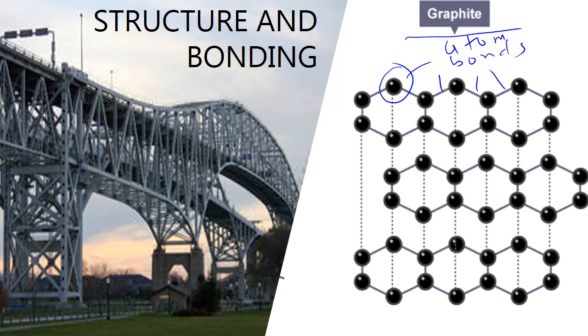So, these atoms in graphite are bonded together and they form a regular pattern, as you can see here. They have a regular hexagonal pattern. We are going to go into more details to understand how these regular patterns come about.